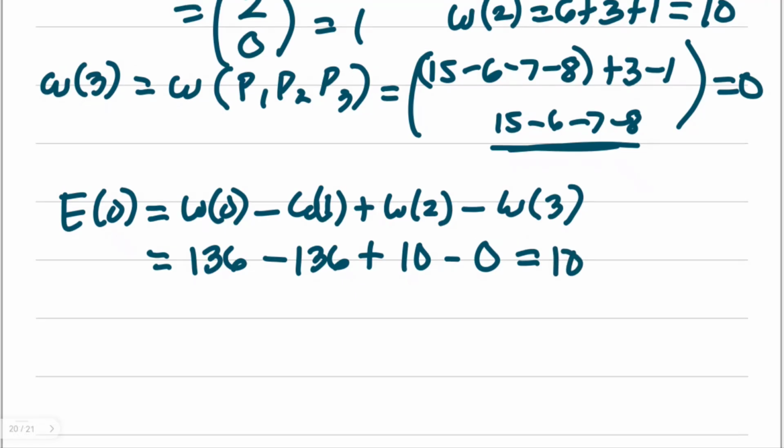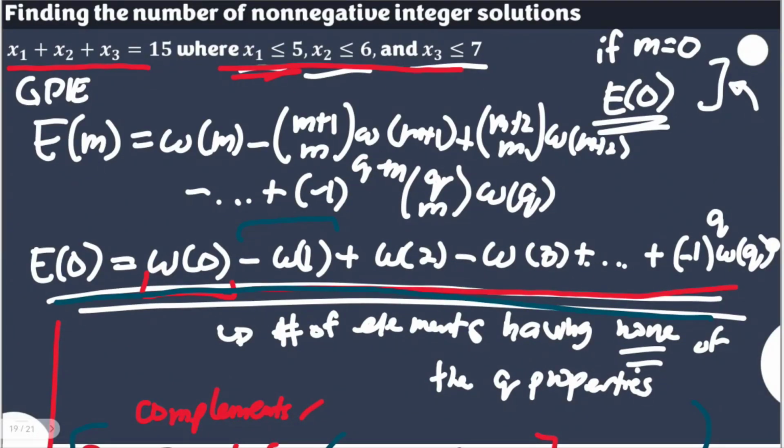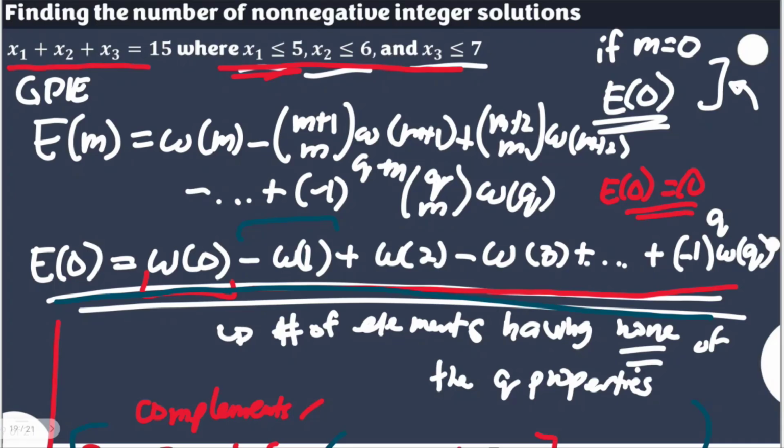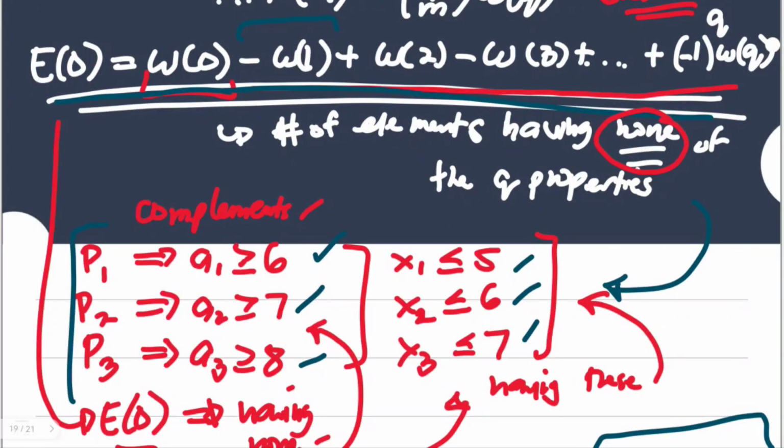So what does this imply now? What is this 10? These are the number of elements from 0 to 15 that are possible solutions here. Our E of 0 is equal to 10. These are the number of integral solutions having none of these properties which are stated in complement form. 10 do not fall in the criteria that a sub 1 is greater than or equal to 6, a sub 2 is greater than or equal to 7, a sub 3 is greater than or equal to 8.